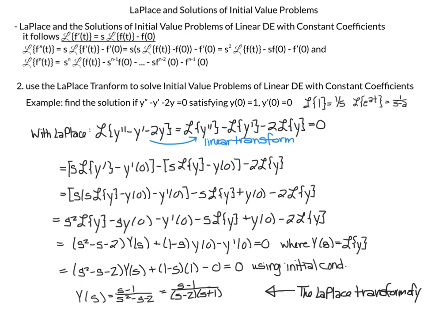And now I can solve algebraically for Y of s, which is equal to s minus 1 over s minus 2 times s plus 1. And remember, our Y of s is equal to the Laplace transform of the solution y we are looking for.